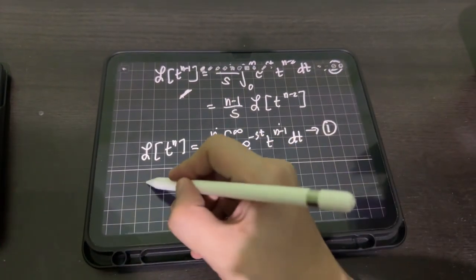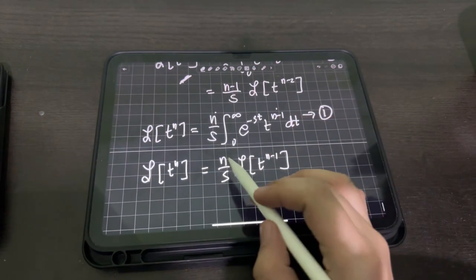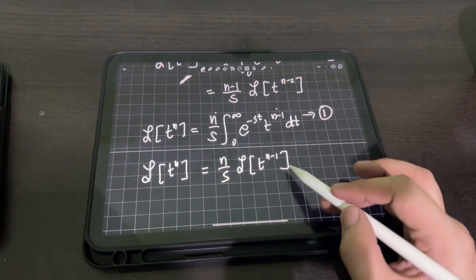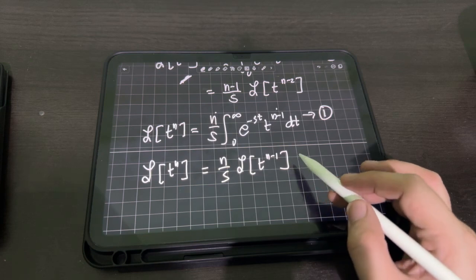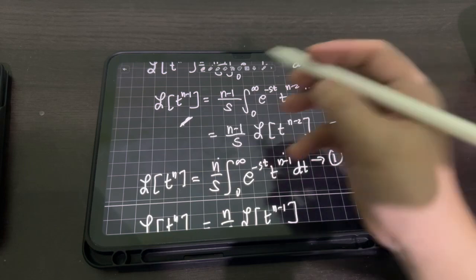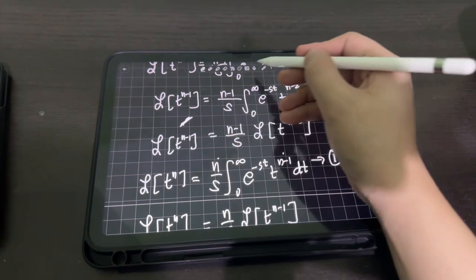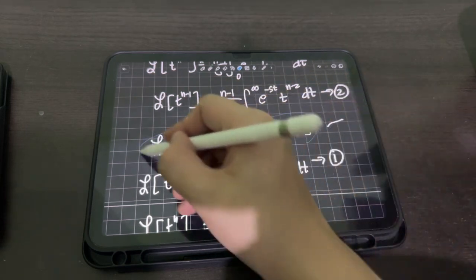Sorry. Laplace transform of t to the n is equal to n over s times the Laplace transform of t to the n minus 1. Okay, but from equation 2, Laplace transform of t to the n minus 1 is equivalent to this one.